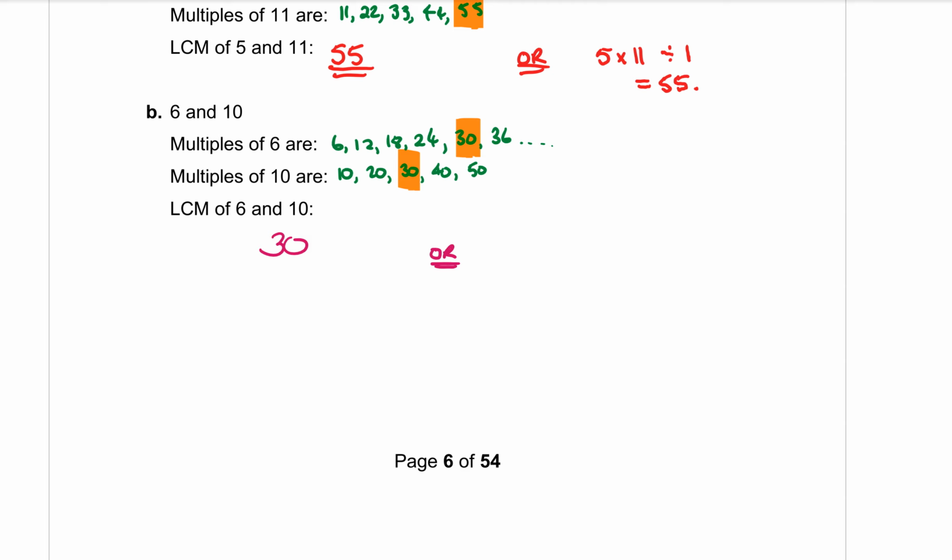So the method says to multiply your two numbers together, 6 times 10, and divide by the highest common factor. So the highest common factor of 6 and 10, the highest number that you could divide both of them by would be 2. So 6 times 10 is 60, divide that by 2 is 30, and we do get the same answer.